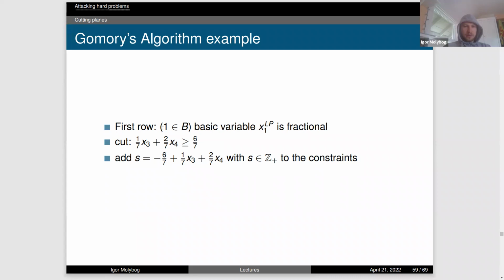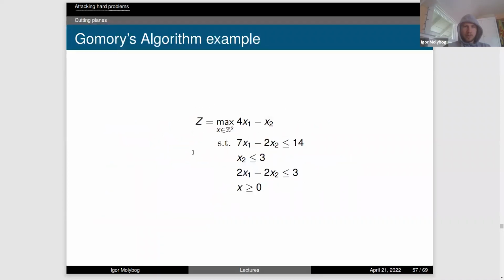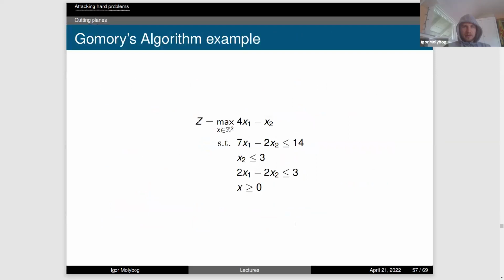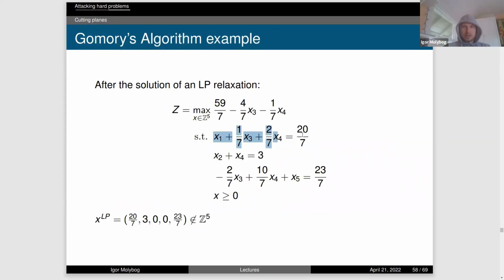In the first row, the first variable is the basic variable, and x1 is a variable that takes a fractional value in the optimal solution of the LP relaxation. We produce a cut. Here is the resulting cut that we are producing according to this formula over here, just using these coefficients essentially.